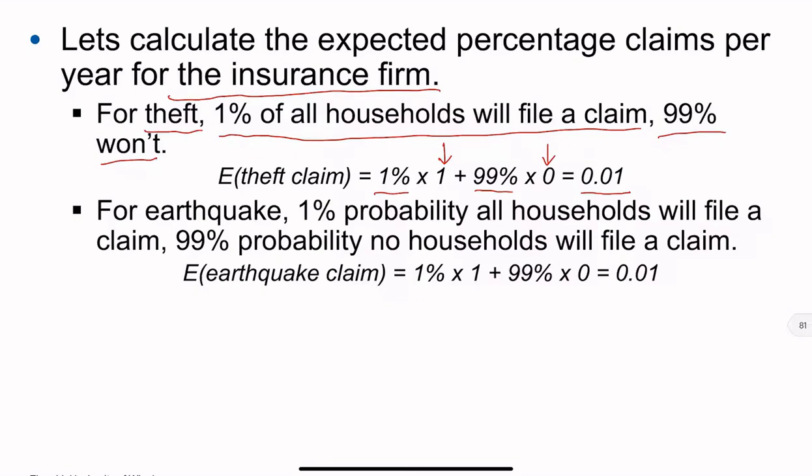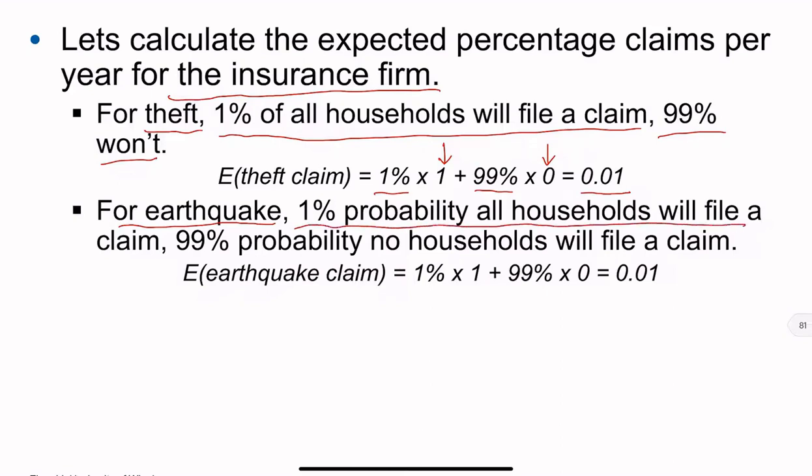So you can see that in the case of earthquake, there is this almost perfect correlation between different households, right? Okay, now let's go back to the calculation here. So for earthquake, you can see that there is 1% probability.